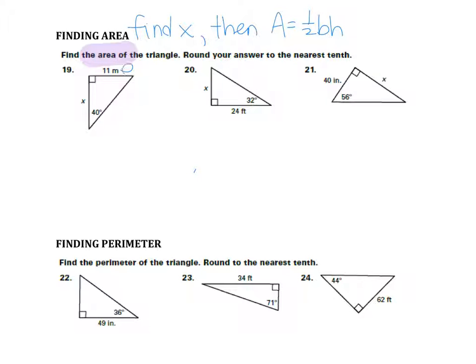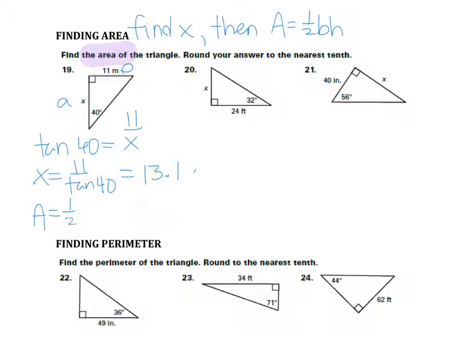So here we have opposite adjacent. It's in the denominator. Then use your area formula. Doesn't matter which one's the base, which one's the height in a right triangle.